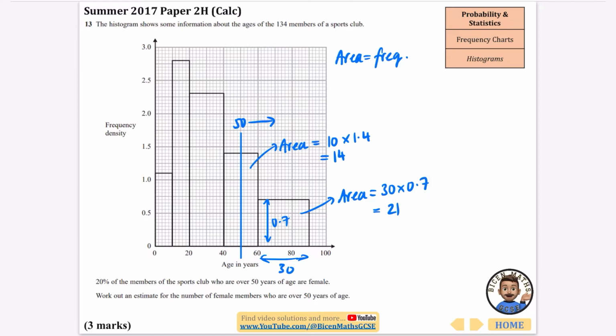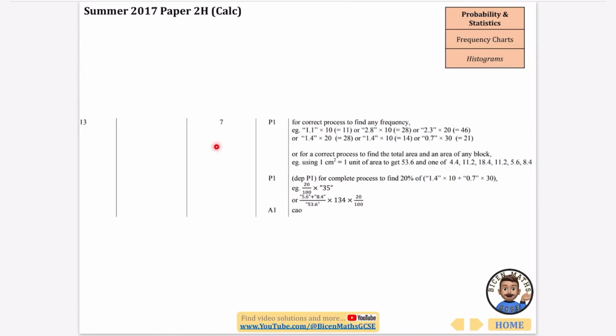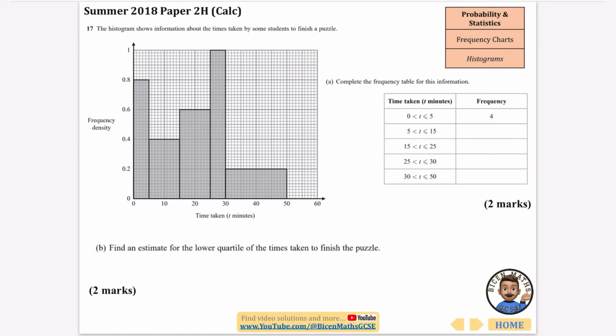So the total for the over 50s is 14 plus 21, which is 35. The females are 20% of 35. Well, 10% is 3.5, so 20% is 7. You could do that on your calculator, but the answer should be 7.